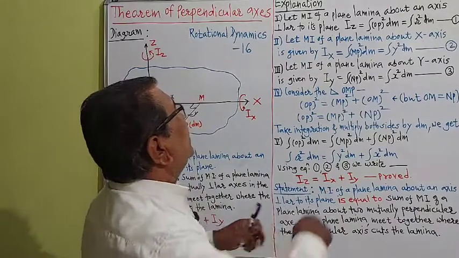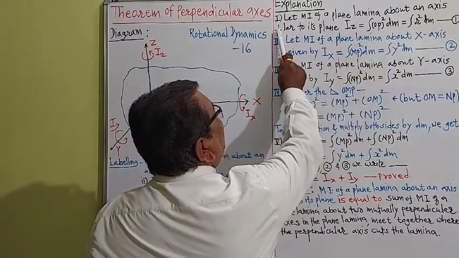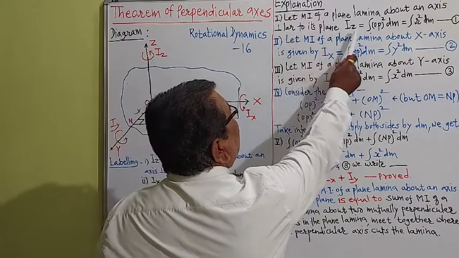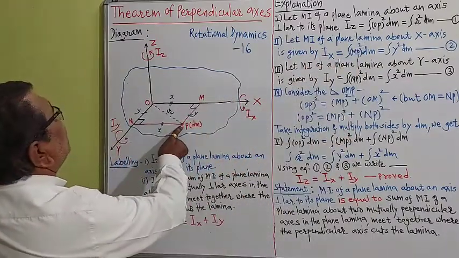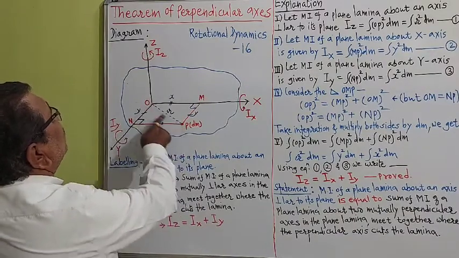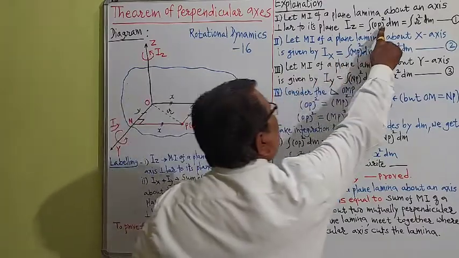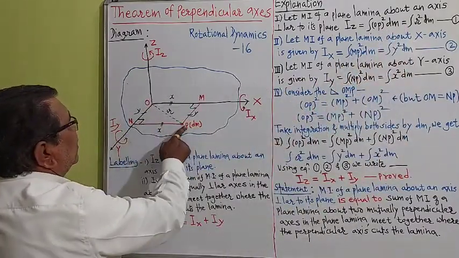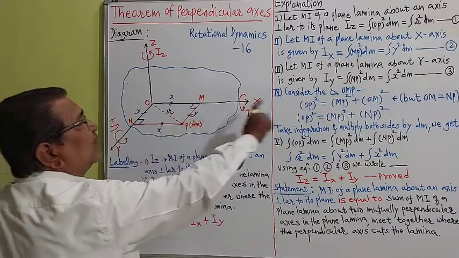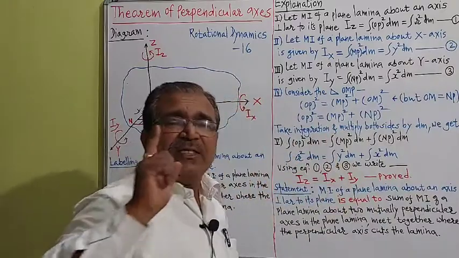See here, let the moment of inertia of a plane lamina about an axis perpendicular to its plane be Iz, which is equal to distance squared into dm. This point P is here. What is the distance squared? OP squared into dm. What is the value of OP? I have denoted it by r, so Iz is the integration of r squared into dm. This is equation 1.